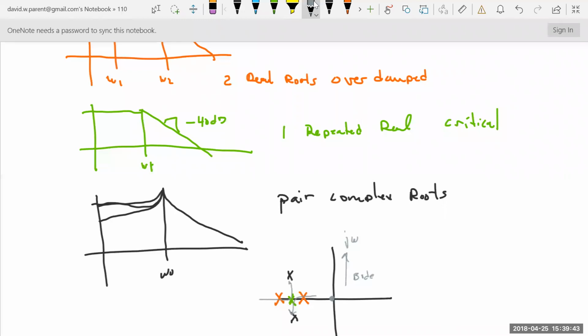But notice when I have a complex root, this is going to infinity, right, out of the screen towards you, right? So that means you're going to get some kind of peak here. So if this is going to infinity, sure, it's not infinity here, but it's pretty high. And this is where this peak comes from.